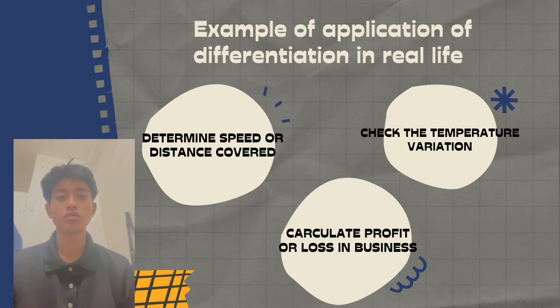Number 3 is to calculate profit or loss in business. This is common in real life, to have a stable economy.